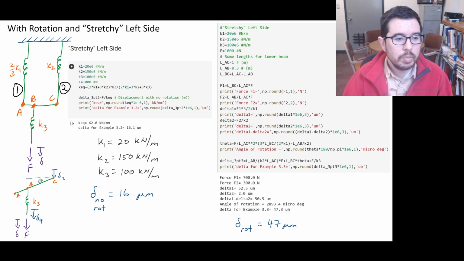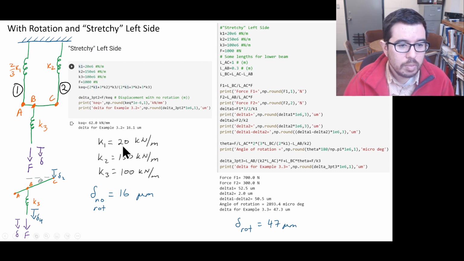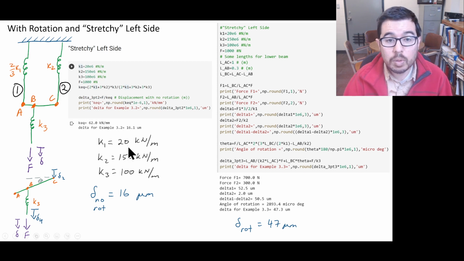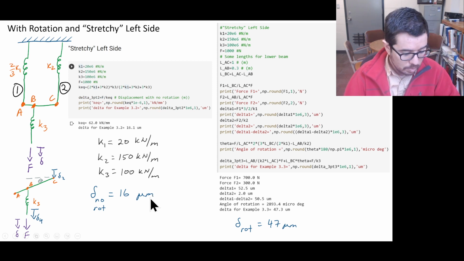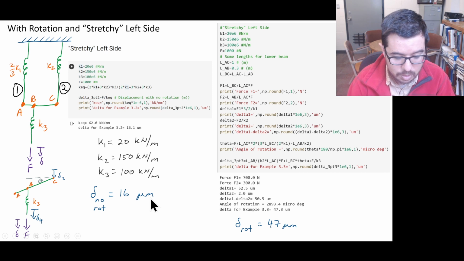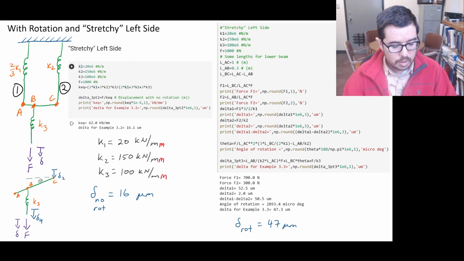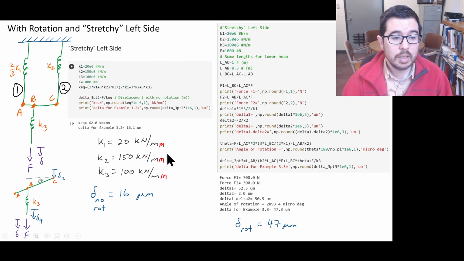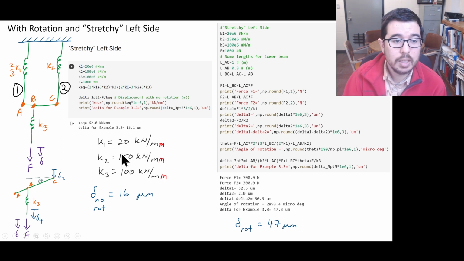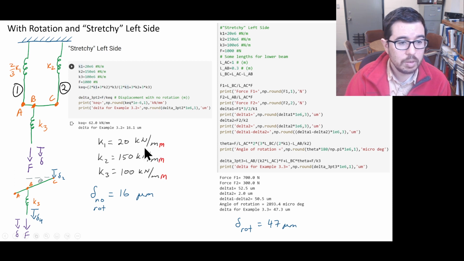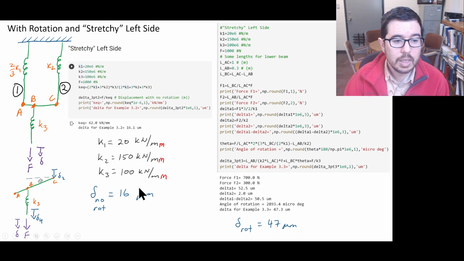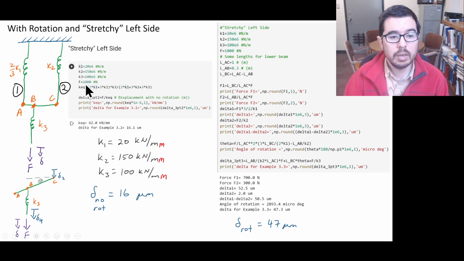So in this case, we'll change our K1 from 200 kilonewtons per millimeter to, that should be millimeter. That's not right. Sorry, everyone. And just like that, if we change the coefficients, or just the first coefficient actually, from 200 kilonewtons per millimeter to 20 kilonewtons per millimeter, what is the effect on the system?